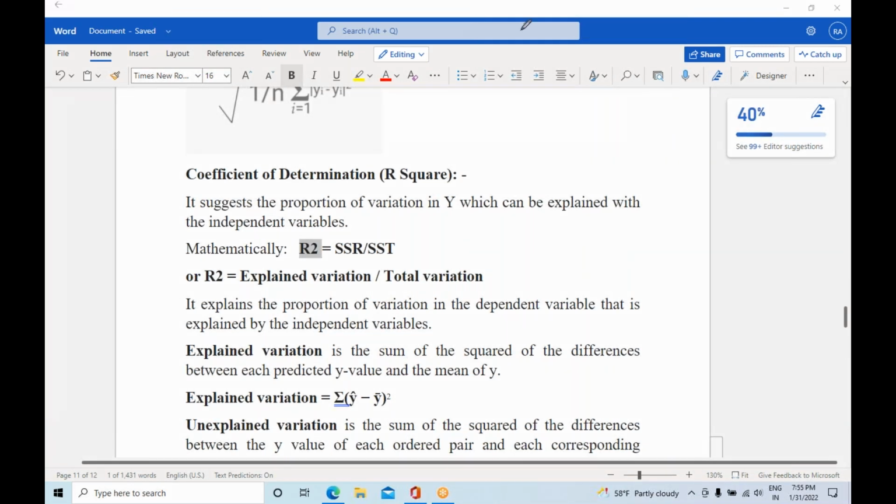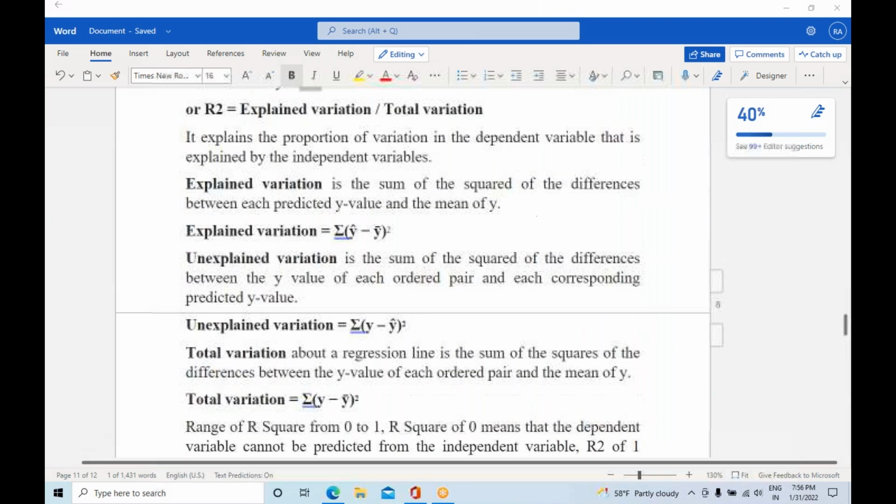Let's try to understand what exactly the explained variation and unexplained variation are, so that you understand, and the total variation you have to understand. Otherwise R square will be a little tough. With the help of the R square only we can say that the model is good or bad. The best fit line we can determine with the help of this R square value.